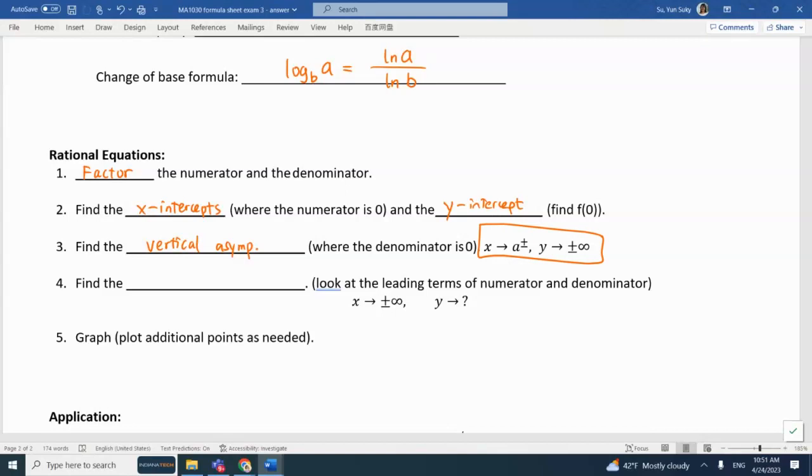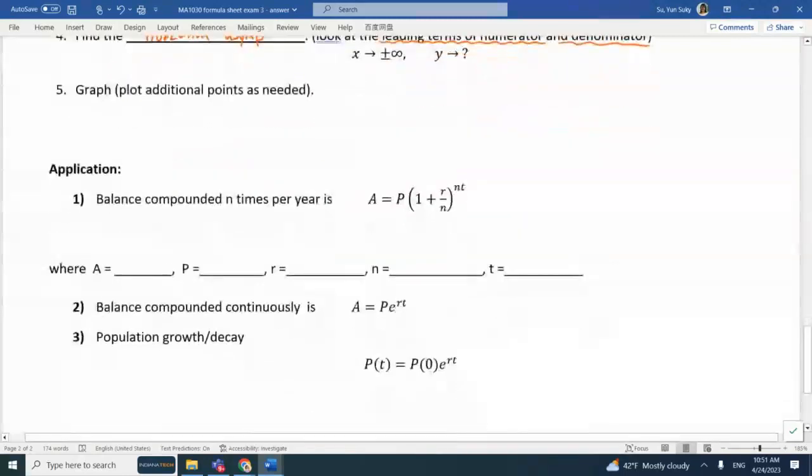Also, let x go to that number from the left and right, and determine whether y goes to infinity or minus infinity. Then find the horizontal asymptote, where you look at the leading terms of the numerator and denominator, and let x go to infinity or minus infinity and find the y. And then graph.